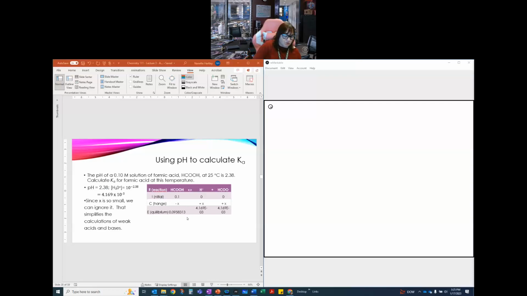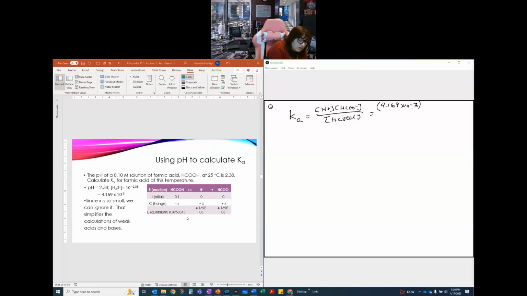So the way that we do that, we know that Ka is equal to the H plus times the HCOO minus over the HCOOH. We know that the value that we found was 4.169 times 10 to the minus third.